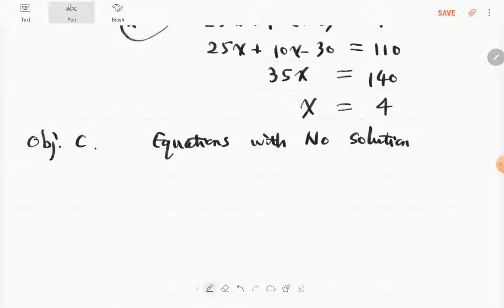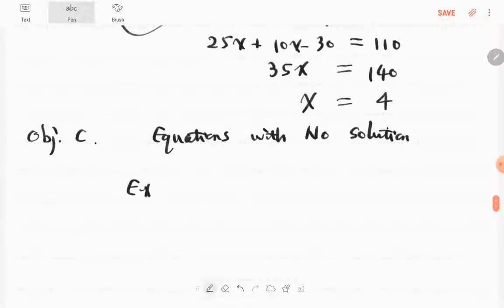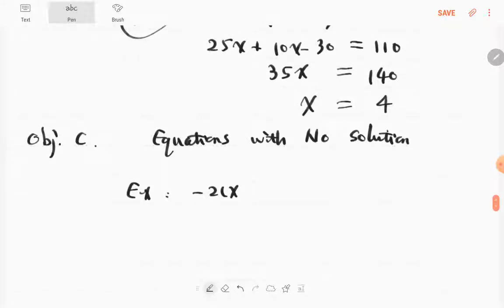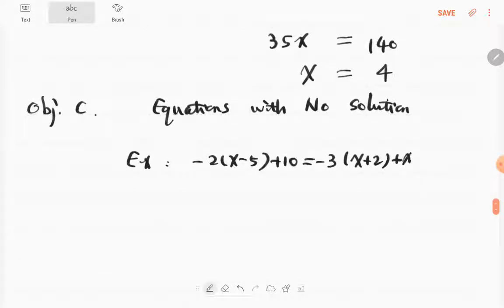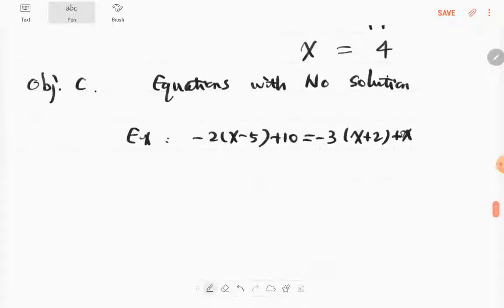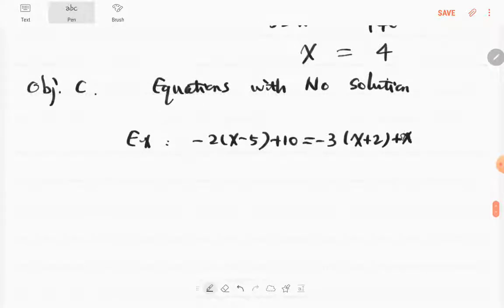So for example, we have this one. So first we still need to use the distributive rule to get rid of the parentheses.